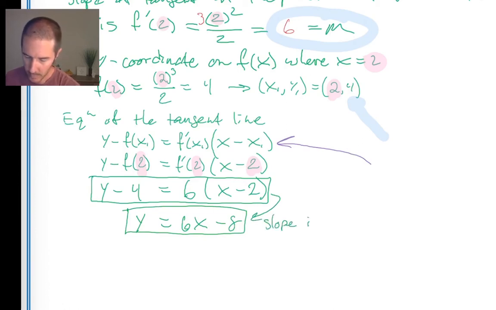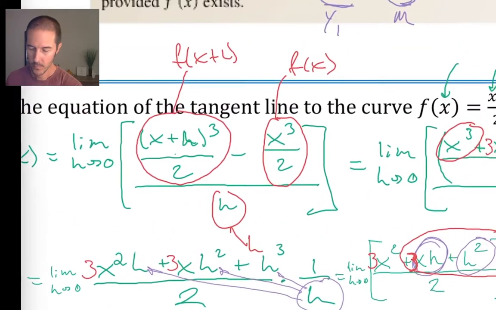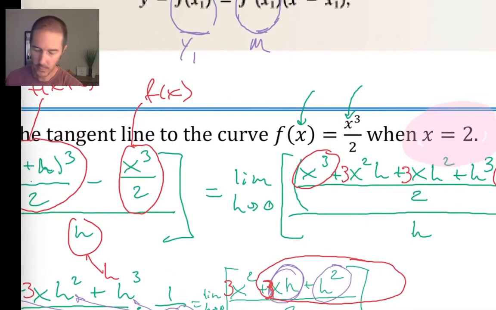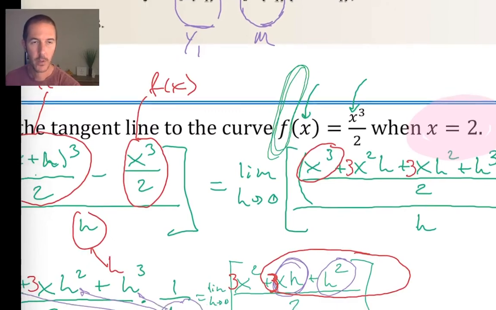This is slope intercept form. And that's a great way to present your final answer. I would not write this as f of x equals, because we've already used the name f as one of our functions. That was our original function.